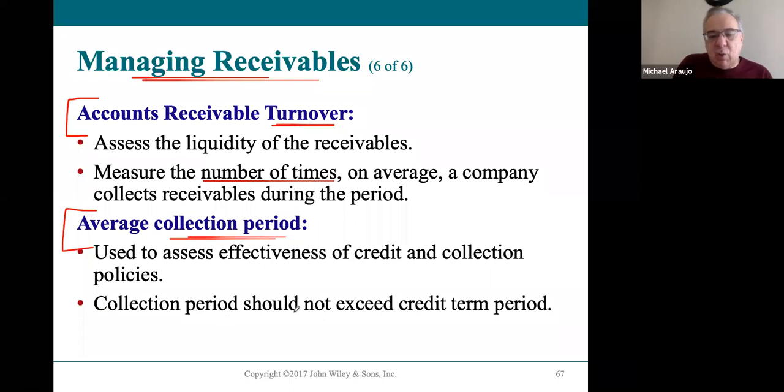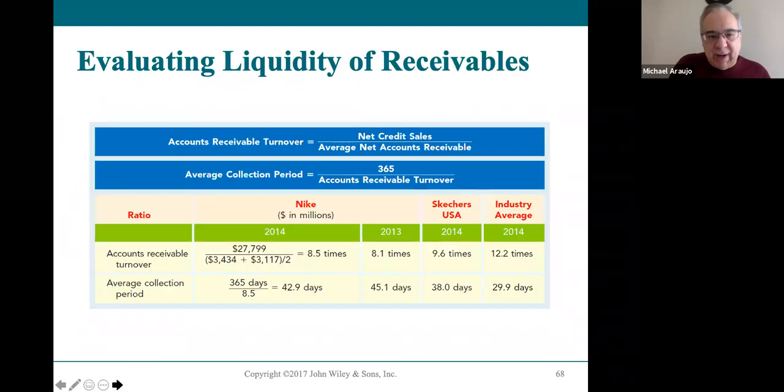So again, you don't want that to exceed the amount that you've given people for credit terms. So 2/10 net 30, at 30 days, that's your credit term period. You don't want to be waiting longer than that, right? So these measures tell us about how long they're waiting.